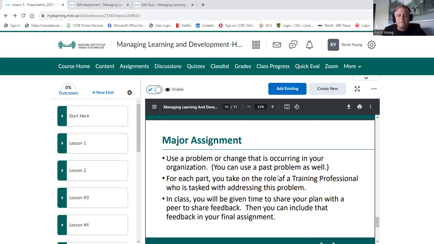Anyways, for this assignment, and I'll go back to the other screen in a second so we can take a look at the instructions, you'll be in teams. You use a problem or change that is occurring in your organization.